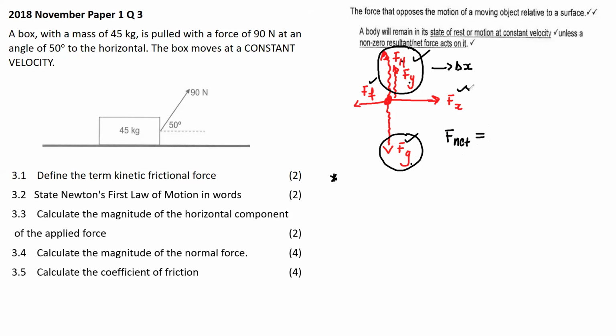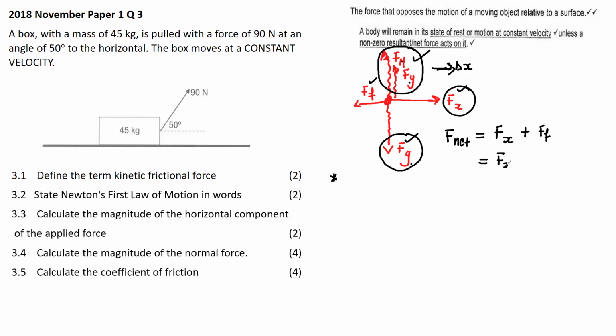That means the Fx is in the same direction as the displacement of the object. So in terms of Fnet, it will be the Fx plus the force of friction. But note the following.